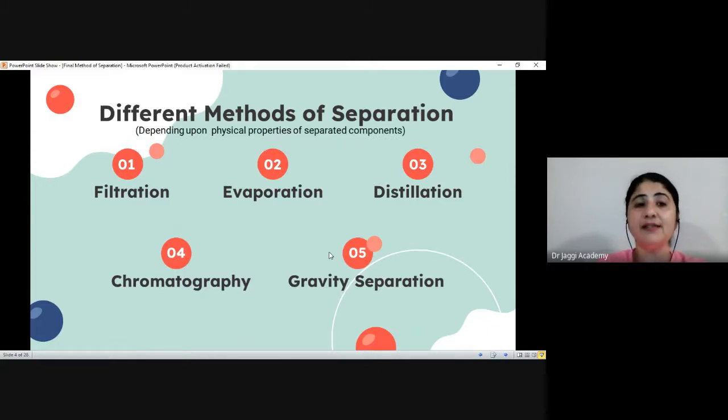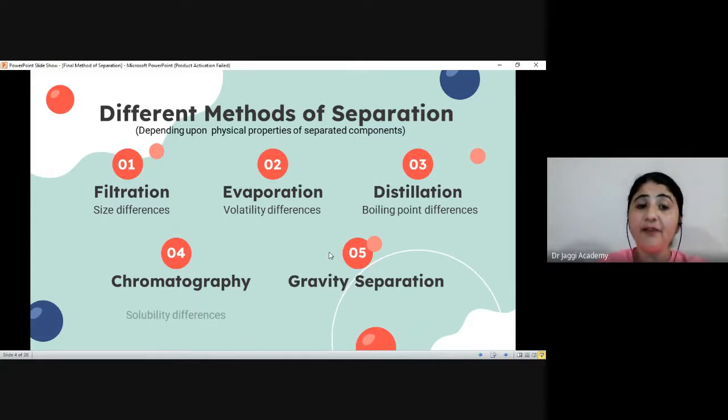For instance, filtration is useful if the components have different sizes, whereas evaporation is applicable if the components have different volatility, meaning different evaporating power. The third one is distillation, in which the components have different boiling points.